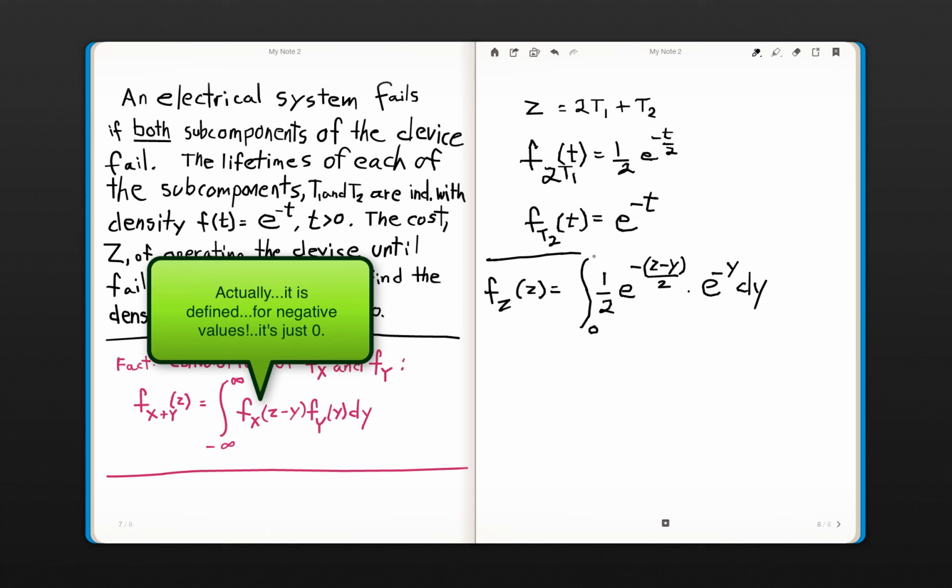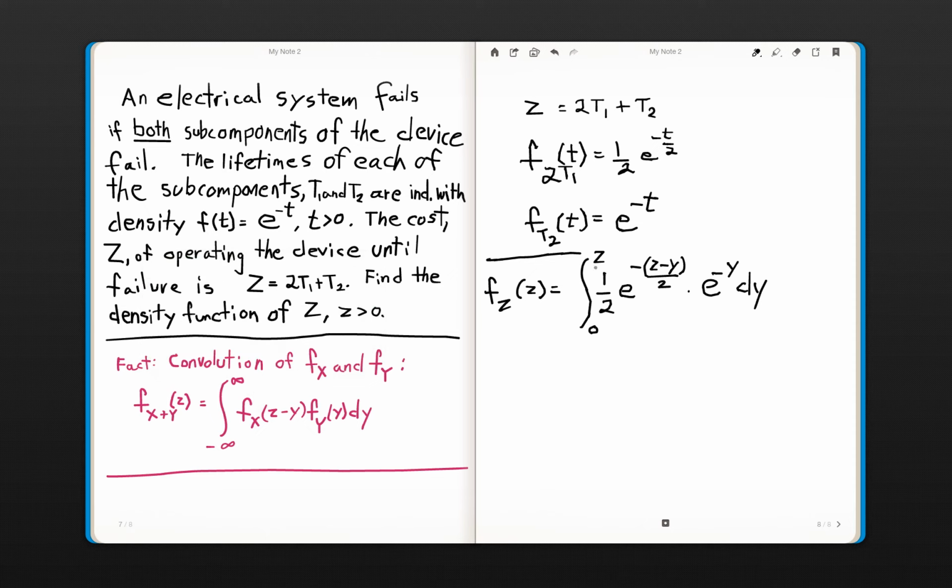Convince yourself of that. It's a little tricky to understand, but once you see why, it's not true for all densities. For the normal, you could have it go negative, but here y cannot go larger than z. So that's the correct representation of f of z, and now it becomes a calculus problem.